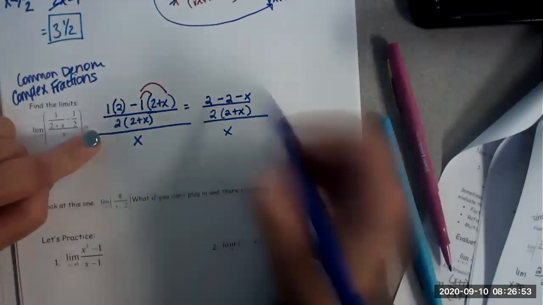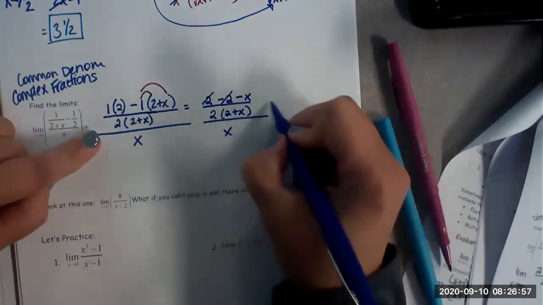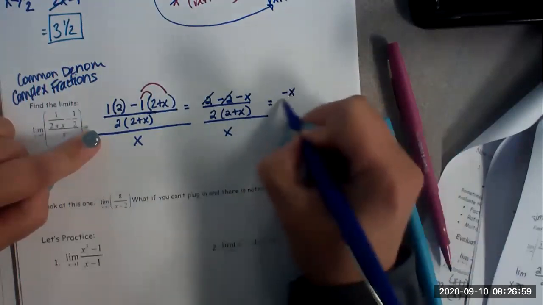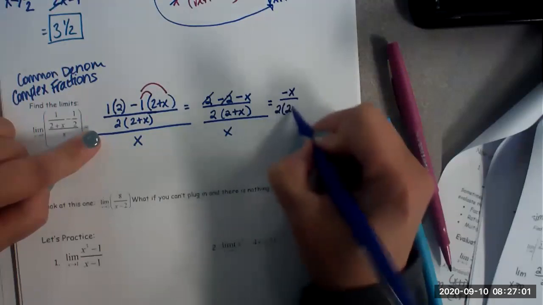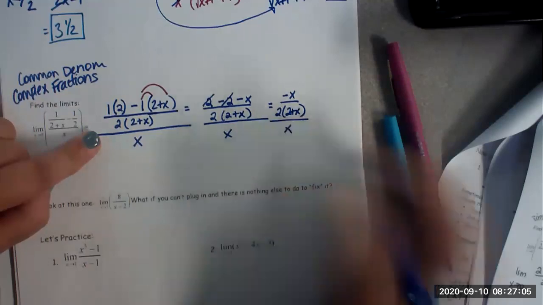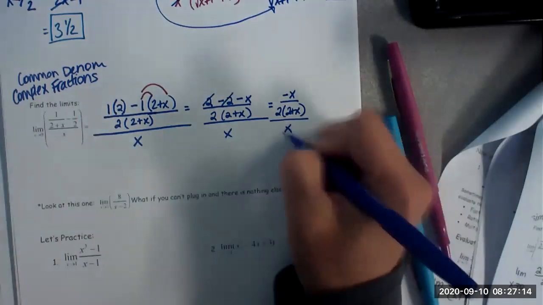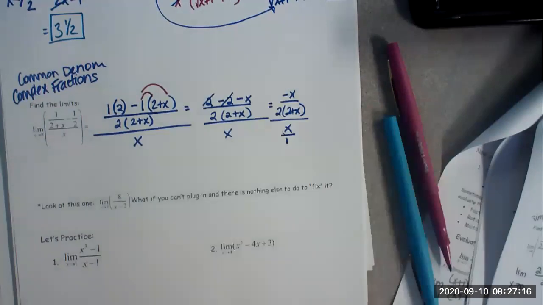All right, so then our top part, do you see how those cancel? So now we're left with negative x over 2 times 2 plus x, still all over x. How do you divide fractions? Multiply by what? So think about this. If this is an x on the bottom, isn't it really x over 1?